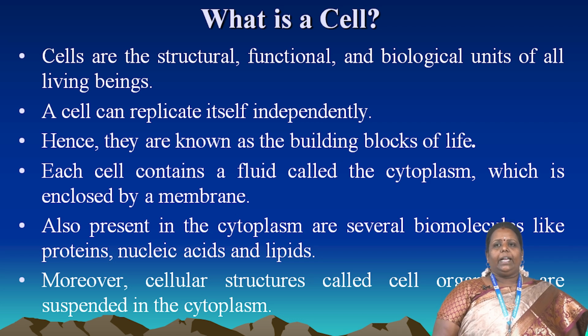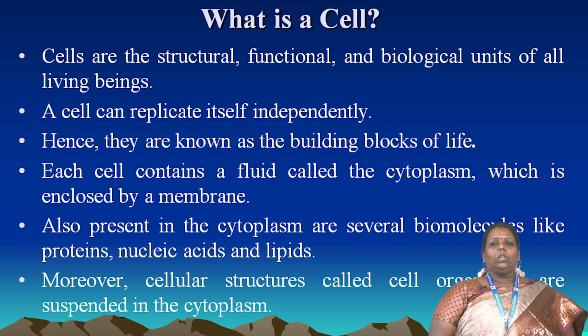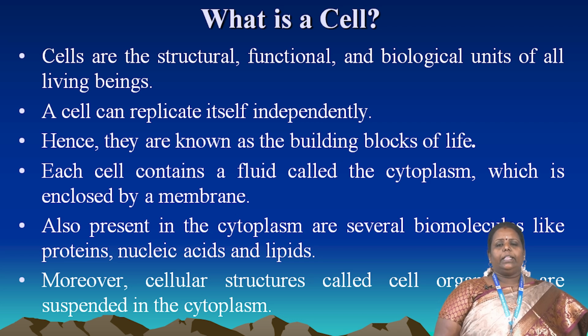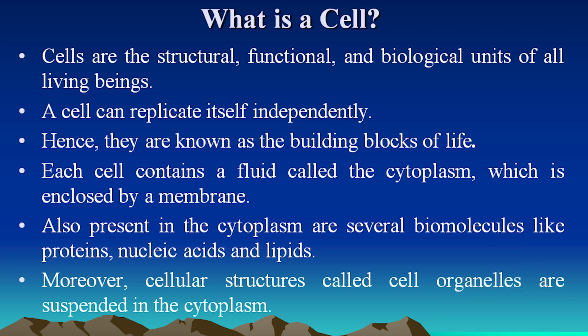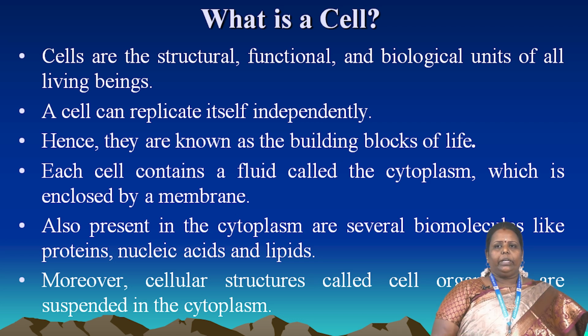Each cell contains a fluid called cytoplasm, which is enclosed by a membrane. That membrane is called the plasma membrane. The cytoplasm also contains several biomolecules, like proteins, nucleic acids, and lipids. Everything is present in the cytoplasm.